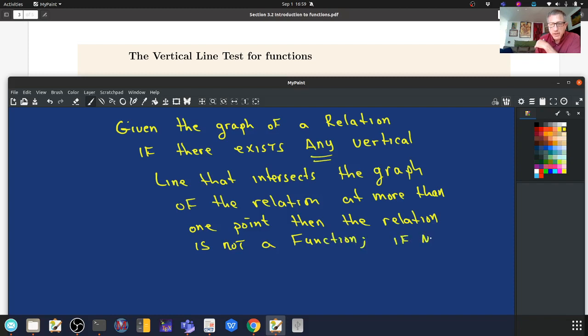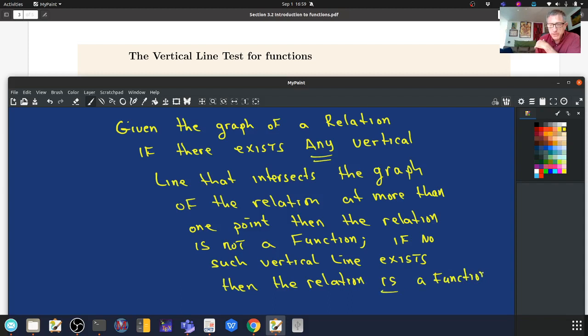If no such vertical line exists, then the relation is a function.